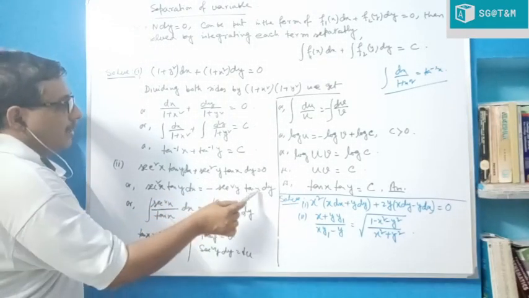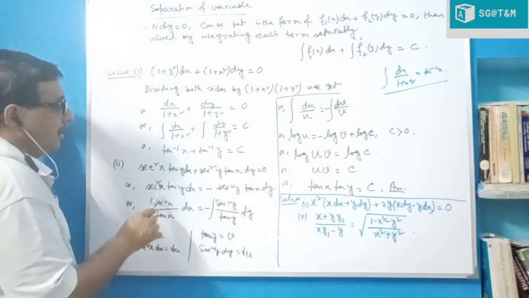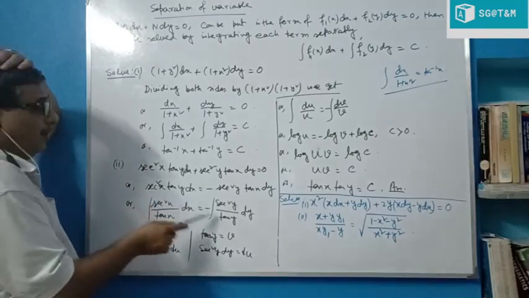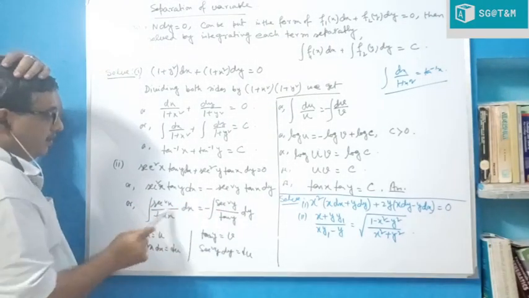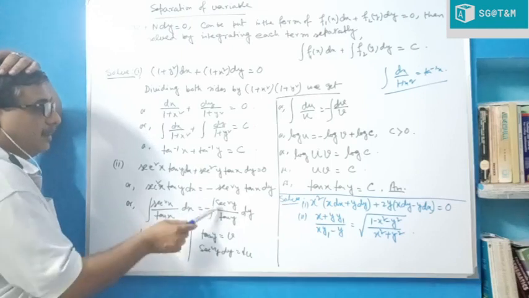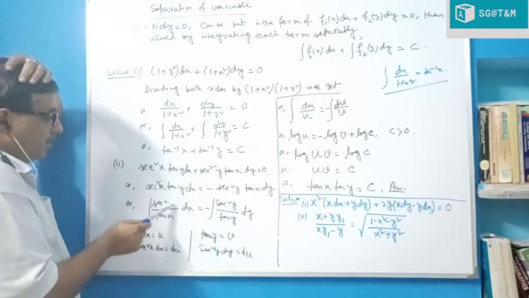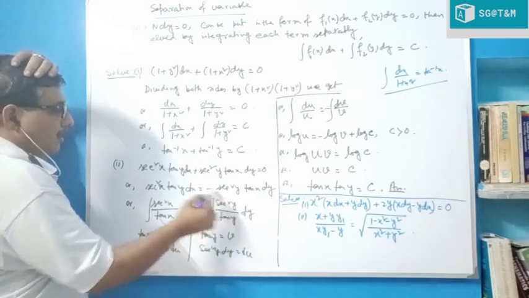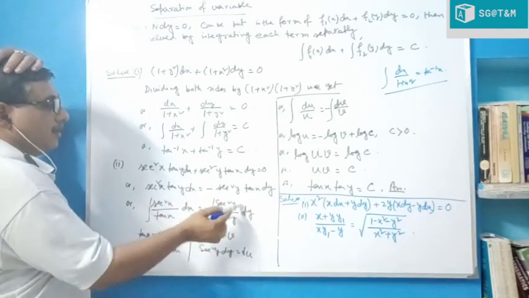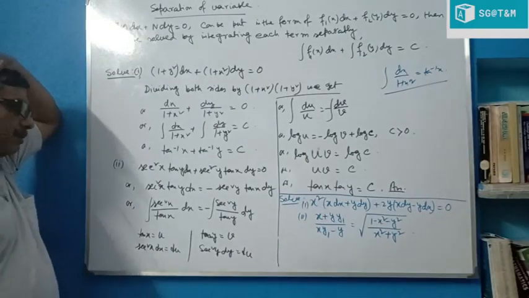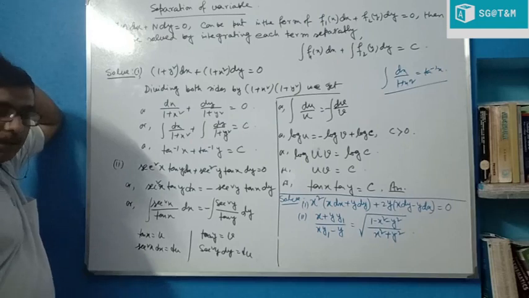Then tan y goes there and tan x goes here. So sec square x by tan x dx is equal to minus sec square y by tan y dy. Obviously this is a function of x only and this is a function of y only. Then we integrate this, and after integrating, we get the result.